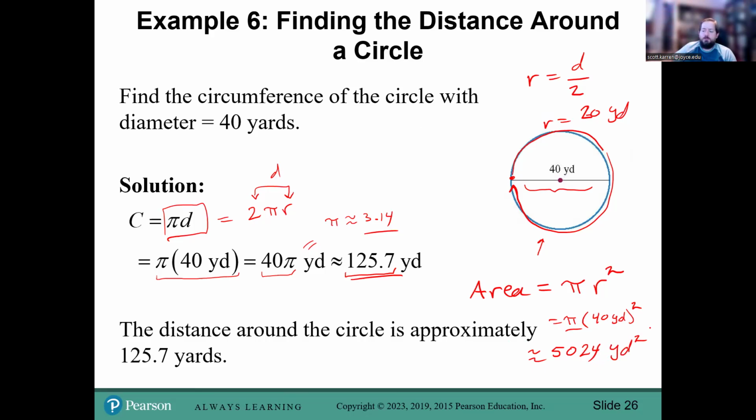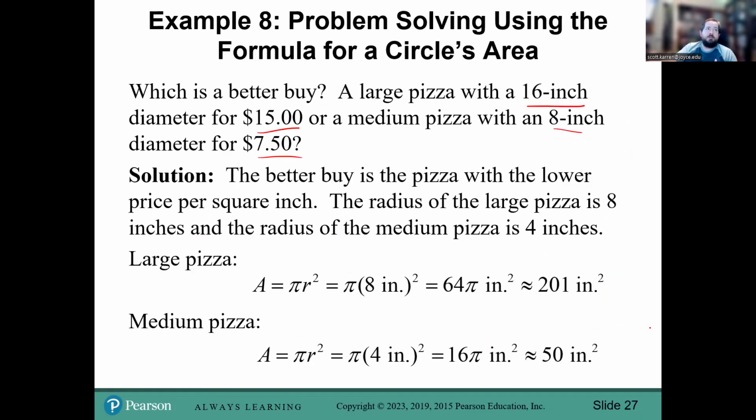That's yards squared. So in this example, if I want to find out which one of these pizzas is the better buy, I need to find the cost per square inch. So I've got this 16-inch diameter. A 16-inch diameter tells me that the radius is 8 inches, while an 8-inch diameter pizza tells me the radius is 4 inches, right?